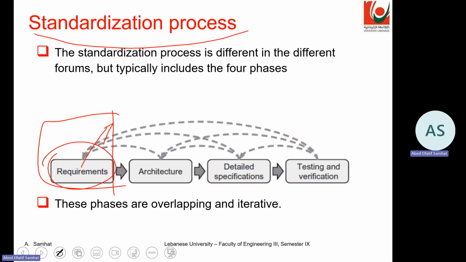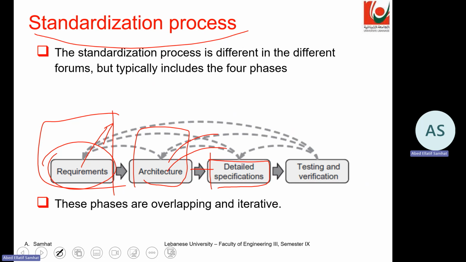And after that, we move to the architecture, and here in the architecture we should define, let's say, the main blocks and the interfaces we are using, and it's a kind of big vision about the system. Okay, and after that, we should go into details. Here we should take each block and each interface, and we should specify them in detail.